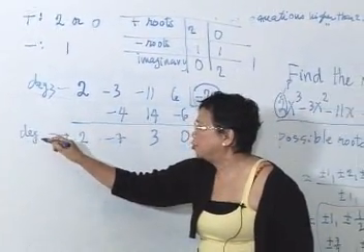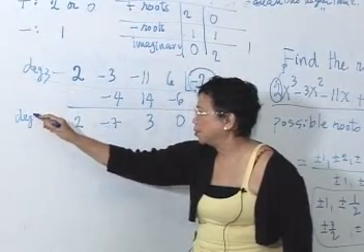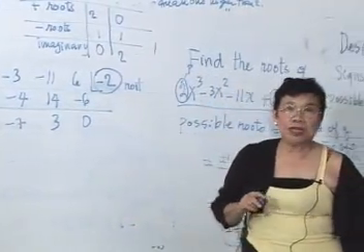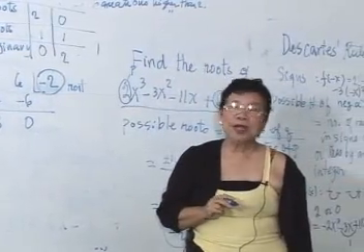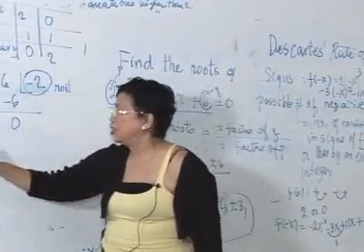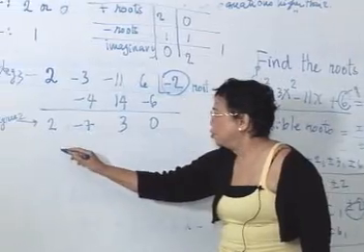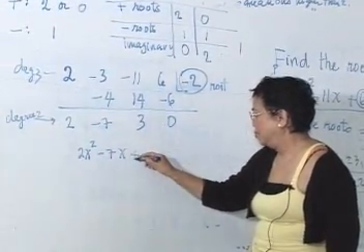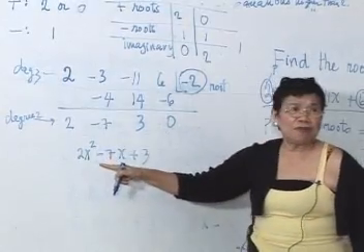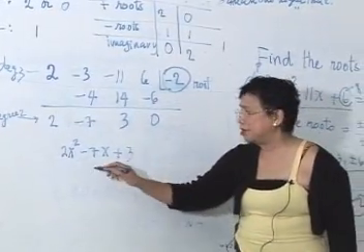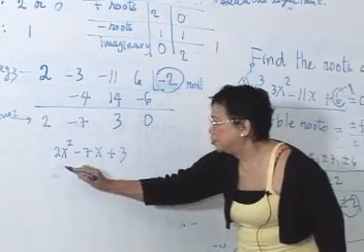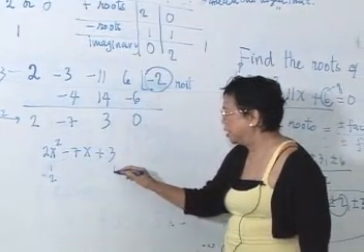For degree 2, we can either use factoring or the quadratic formula. So that will be 2x squared minus 7x plus 3. You could use factoring, no? Because the factors here are 1 and 2, and for this one, 1 and 3.